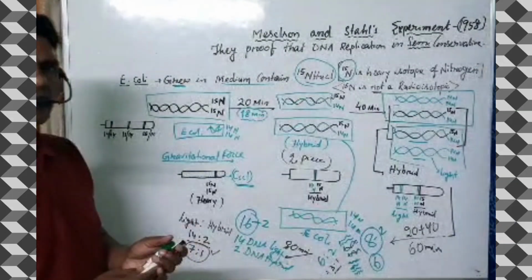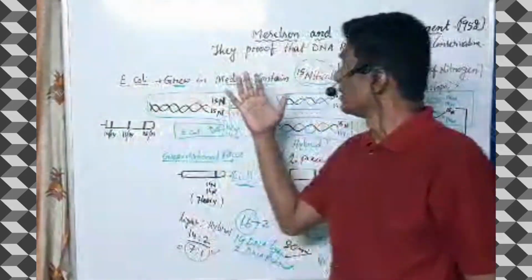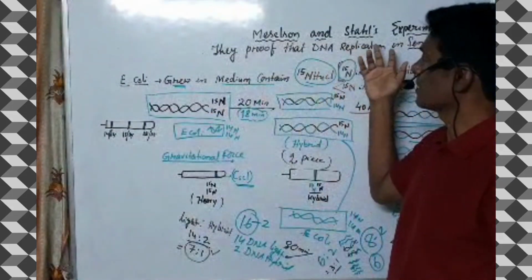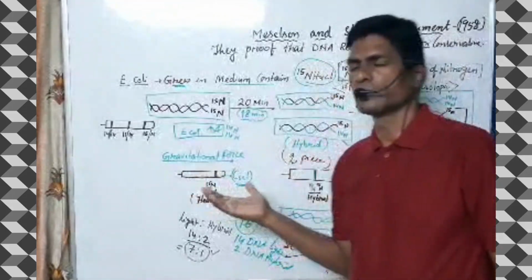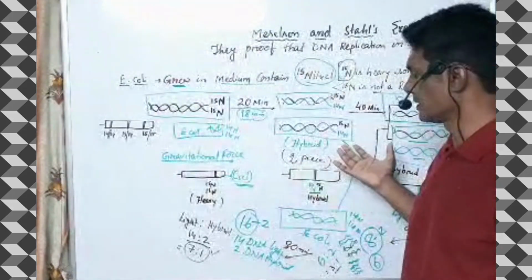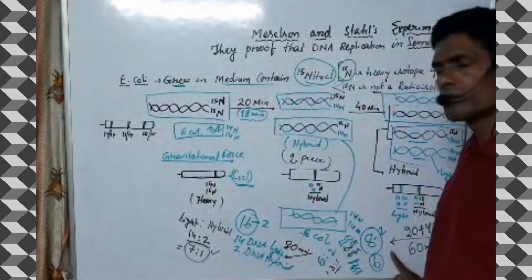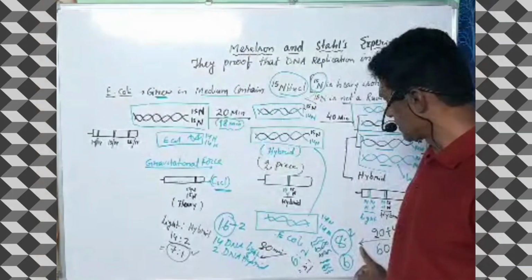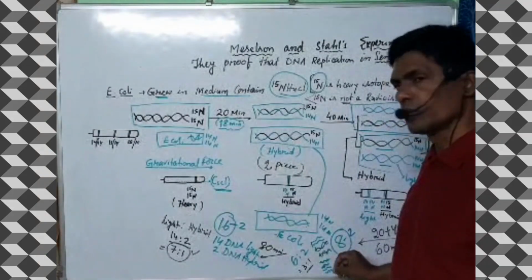What type of numerical question will they ask? They will ask about 1 hour. According to the Meselson and Stahl experiment, the DNA cultured, light and hybrid DNA after 1 hour. 1 hour means 60 minutes. After 60 minutes or 1 hour, how many hybrid? You can find out 8 minus 2, 6 are light and 2 hybrid.